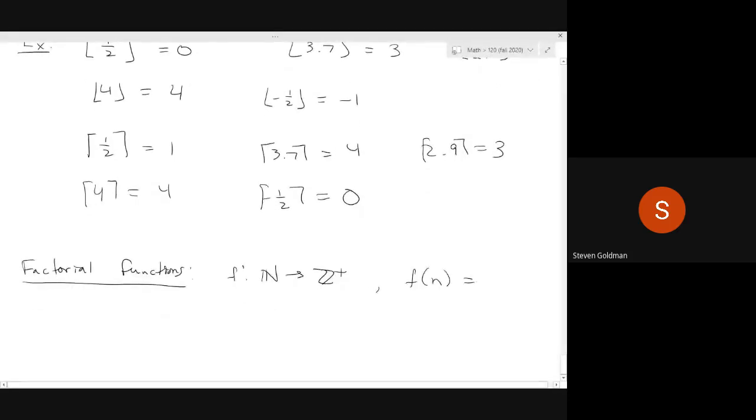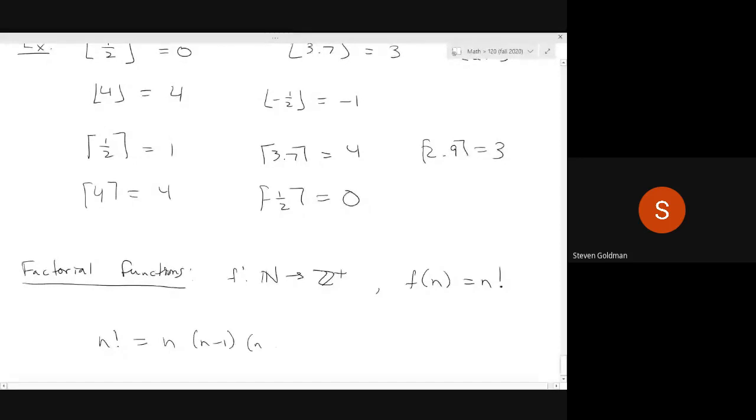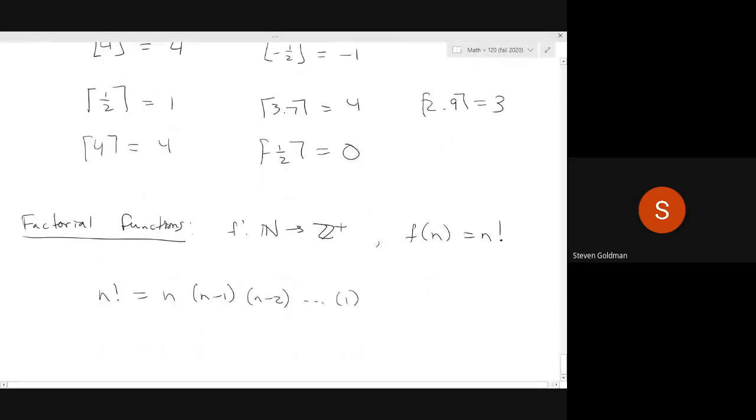F of n equals n factorial. What does n factorial mean? N factorial is equal to n times n minus 1 times n minus 2 all the way down to 1. In other words, it's the product of all the positive integers less than or equal to n.